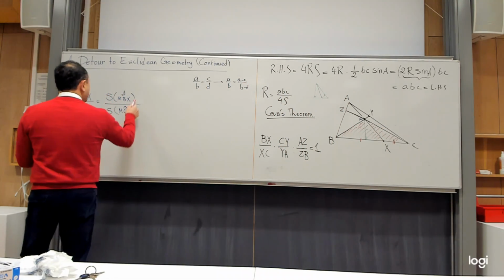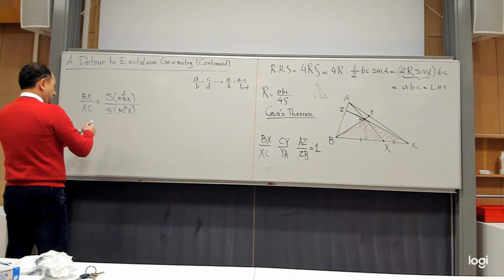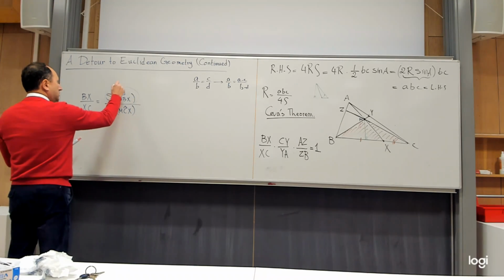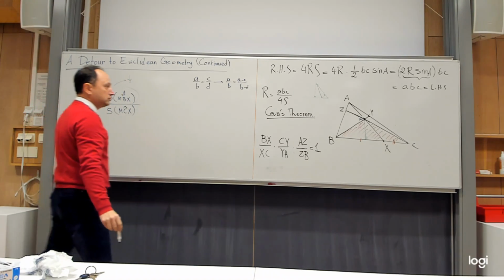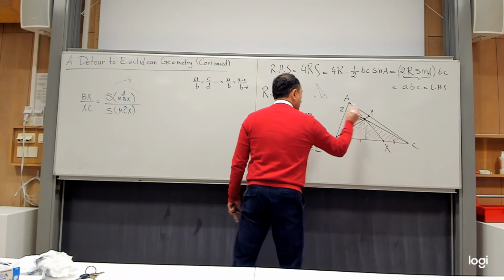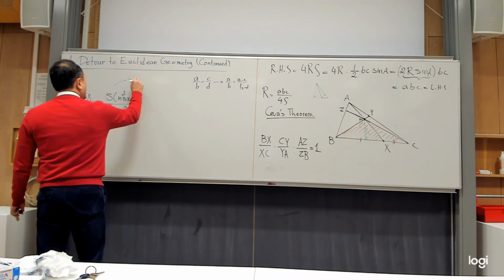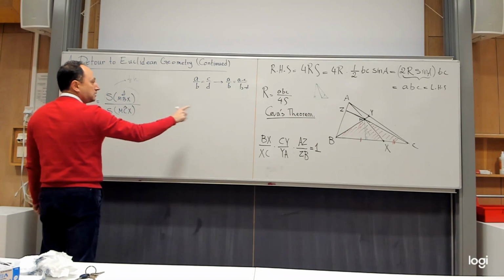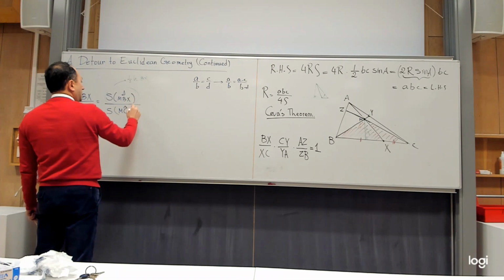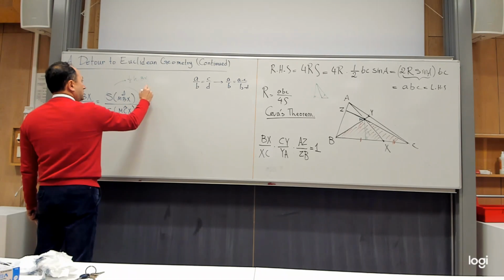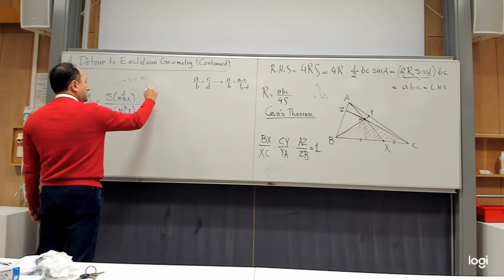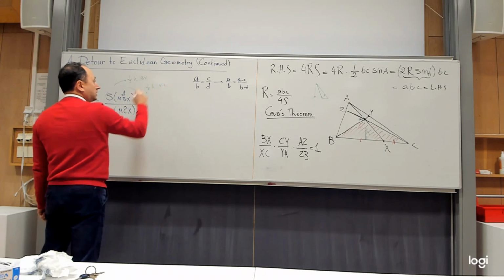So if I ask you, what can I write for this one? You can write 1 over 2, let me call the height h, 1 over 2 times h times BX. And for this one, you can write 1 over 2, the same height, but XC. Agree?